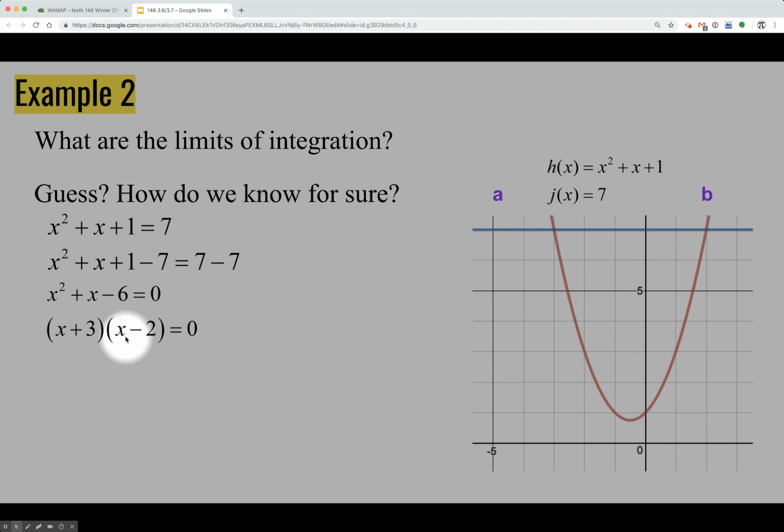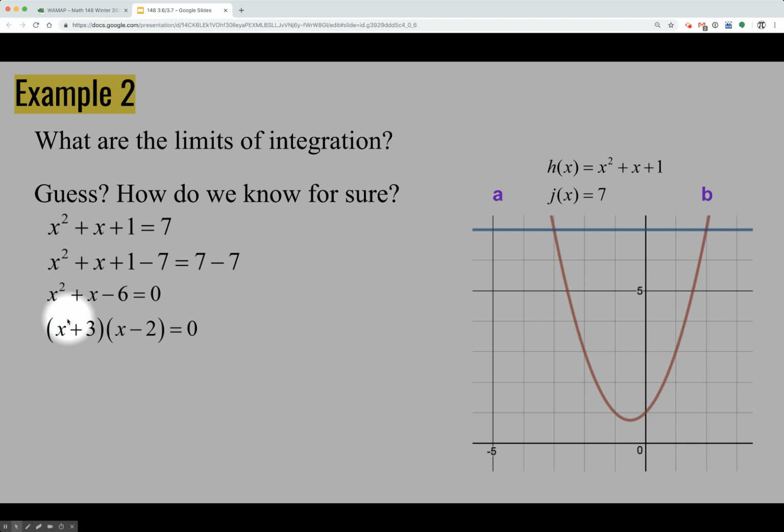If it were not factorable, we would need to find the limits of integration using the quadratic formula, and so we would have to get an estimate rather than an exact value. But in this case, it factors as x plus 3 times x minus 2, because +3 times -2 gives me -6, and the sum of +3 and -2 gives me +1 for the coefficient of the x term in the middle.